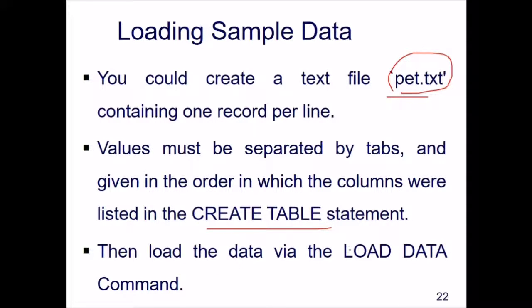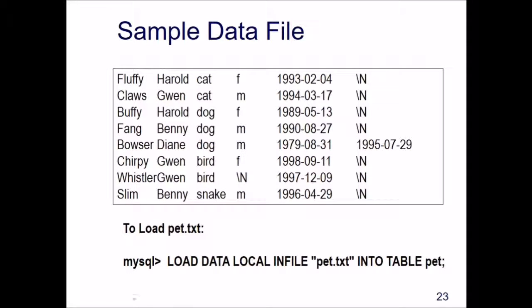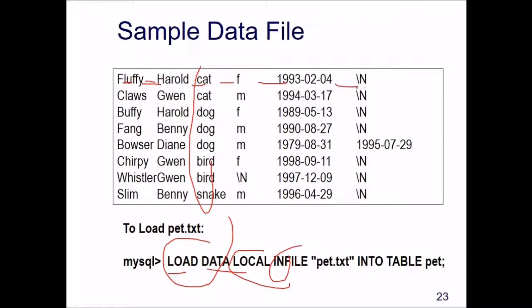And then you can just load the data via the load data command. This is so easy. So what you have to do is load data local infile. These are the names. These are the species, and whatever fields you have made, you just enter them. Just remember that you have to give a tab here.